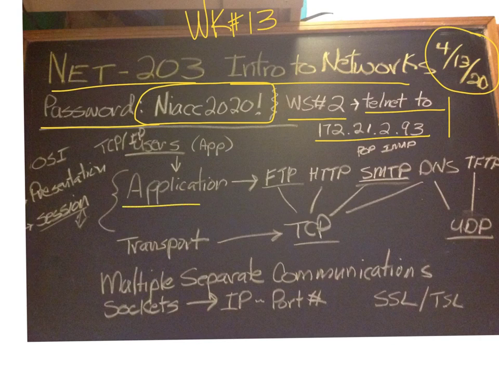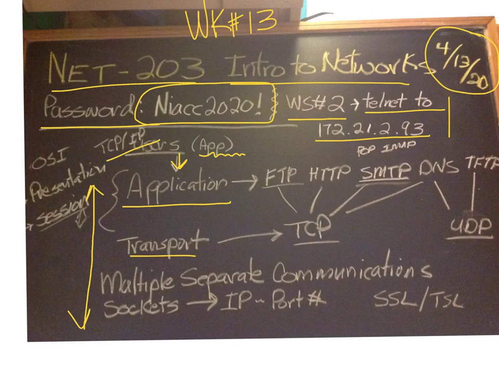I started out, we talked about the application layer in the TCP/IP model and how users have apps or applications that link into this networking model, right? Application, transport layer, and so forth.